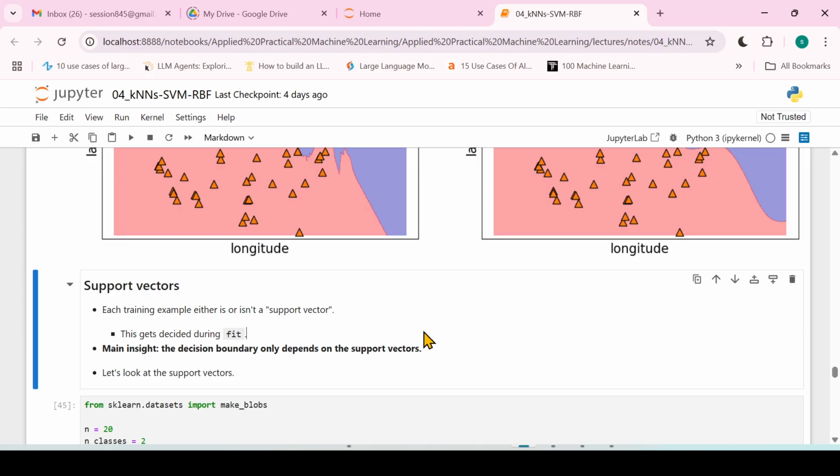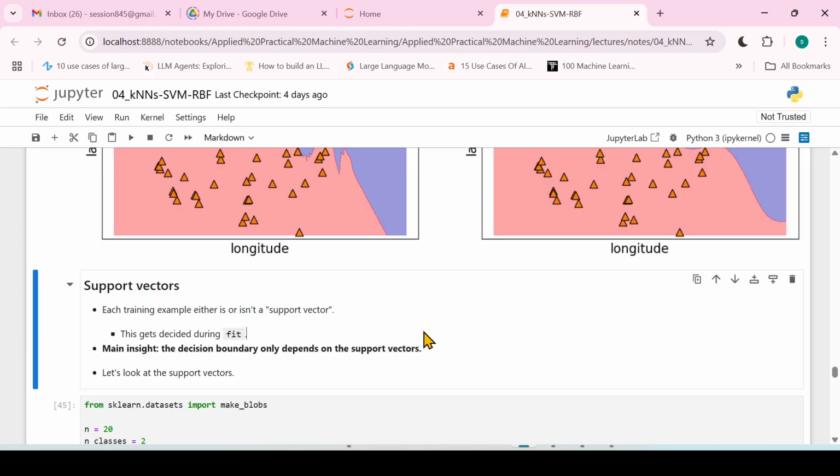Now let's understand what a support vector is in the support vector machine, right? Each training example can become a support vector or cannot become a support vector. So basically the support vector in the support vector machine is nothing but a training example, but we do not consider all the training examples as support vectors. How many training examples can be considered as support vectors?